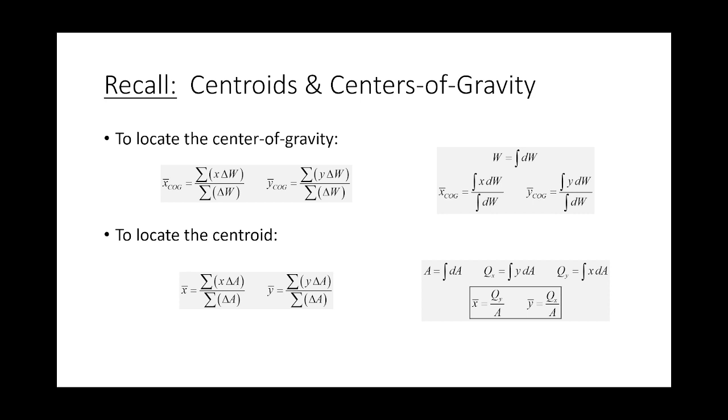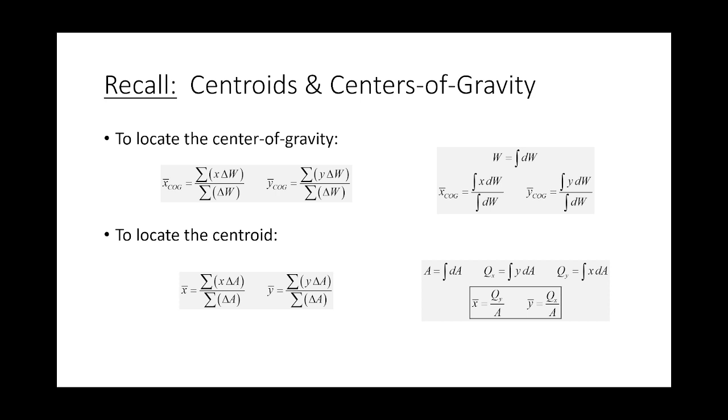So it feels like ages since I've talked about this because I pre-recorded this lecture before the second exam and before our ABET visit. But the spirit of the first lecture that I gave on centroids, the one that was pre-recorded, was that, as analysts, we're interested in determining the center of gravity, which is basically the place that we can place a single vector representing the weight of a given object so that it will have the same force and moment equivalency.